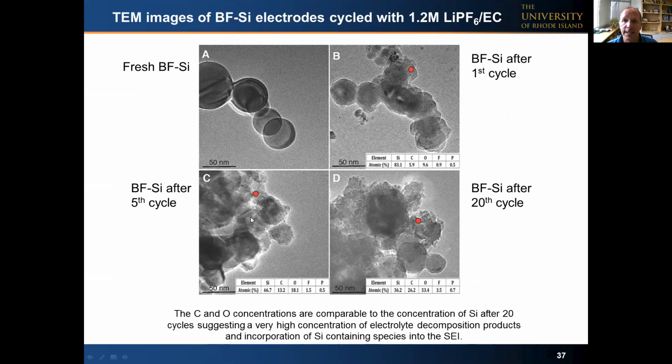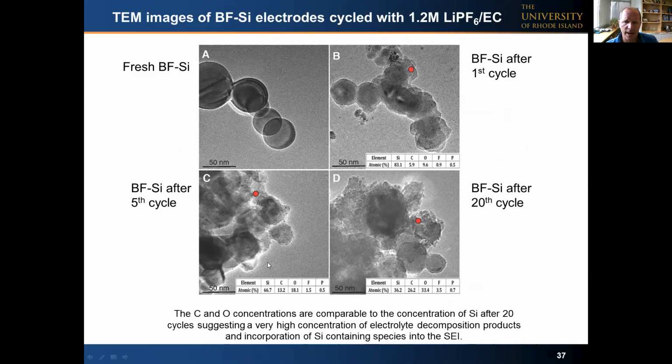And so if we look at the TEM images of the nanoparticle silicon upon cycling 1, 5, and 20 cycles, after the first cycle the particles still look okay, although there's a fair amount of damage. We start to see high concentrations of oxygen and fluorine on the surface of the silicon.